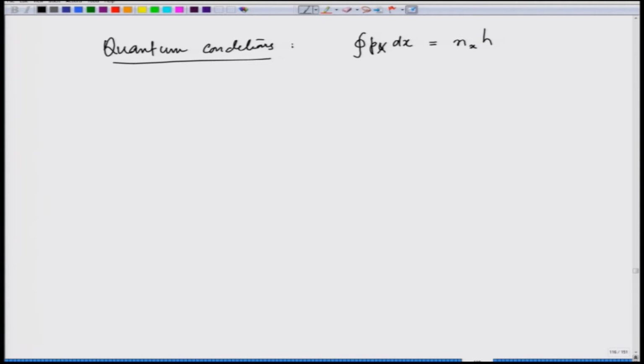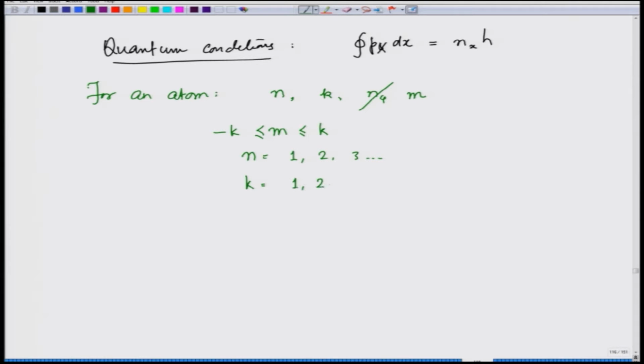So, what do we have for an atom now? We have n, we have k, we have n_φ, and let me call that m, and m goes between -k and k, and n could be anything, n could be 1, 2, 3 and so on, and k would be equal to either 1, 2, 3 all the way up to n.